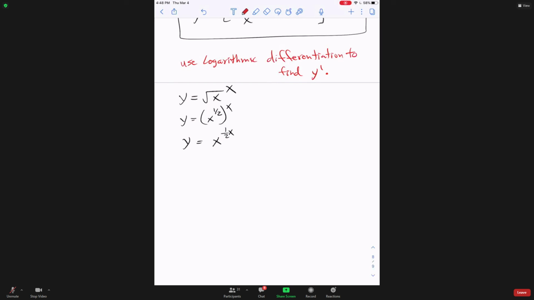Okay, let's go over this. So you take the log of both sides. That allows you to use the properties of logs to bring the 1/2 x down. So you got natural log of y equals 1/2 x times the natural log of x. So far, so good?